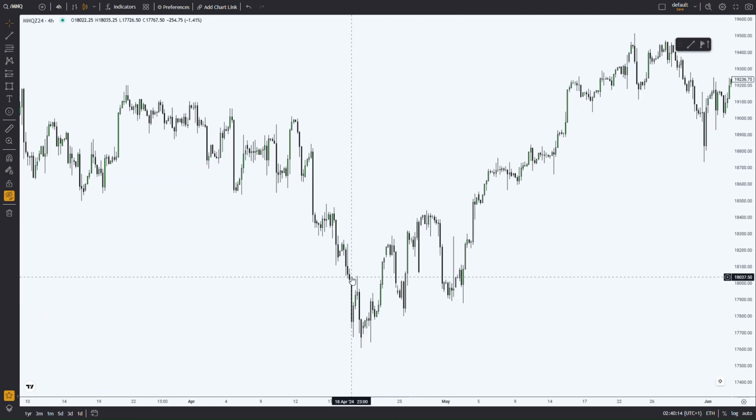Okay, let's talk about the market structure shift. The market structure shift is a shift in trend, which means the market is shifting the structure. This is a downtrend, which is the structure of the market going in the downside. Then when the structure wants to go in the upside, it gives us the market structure shift.